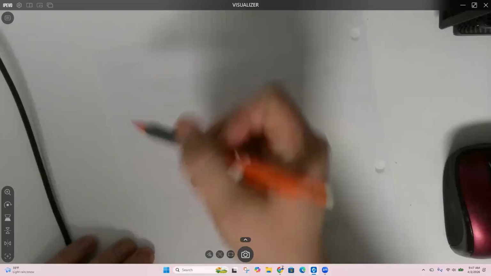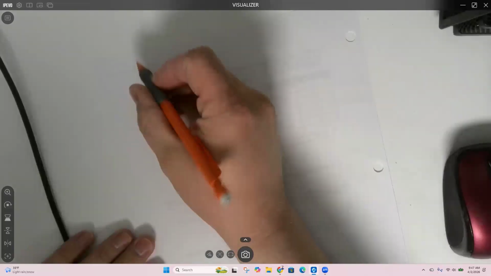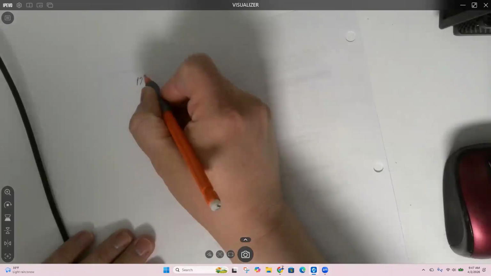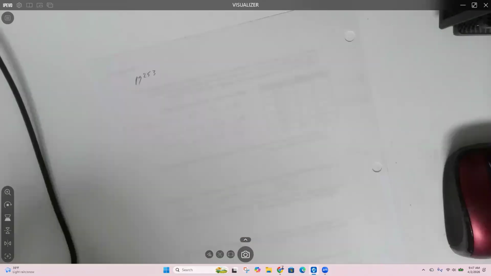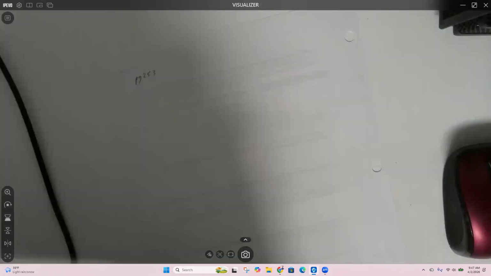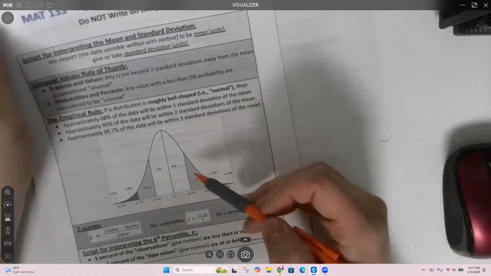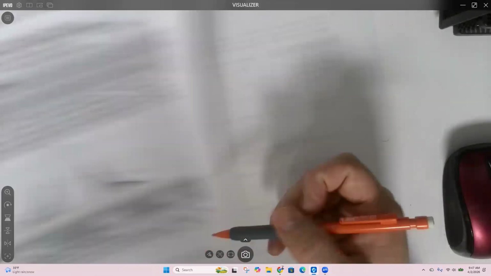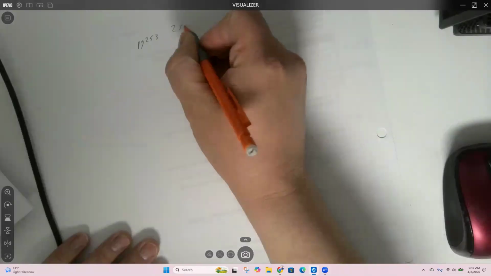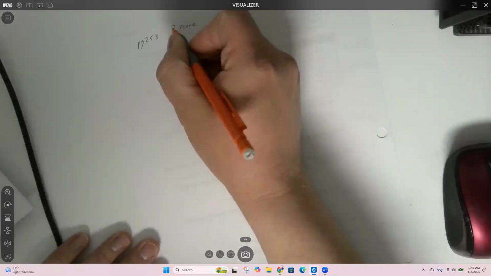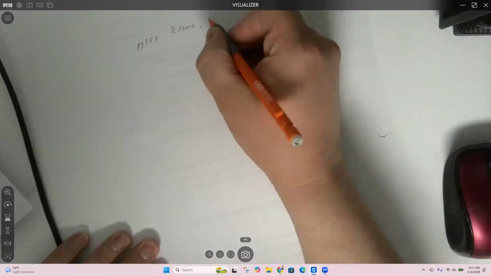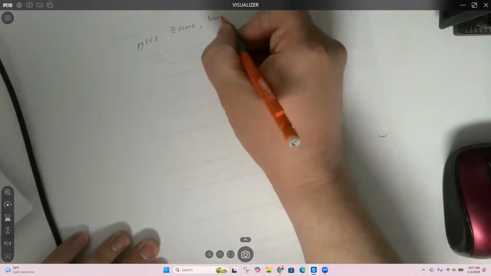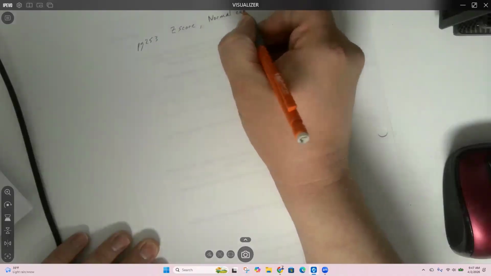So maybe it'd be a good idea to go through the exam notes packet. You got page 253, right? So what's on page 253? Page 253 is like z-scores, bell curve, right? Z-score formula, normal curve, right?